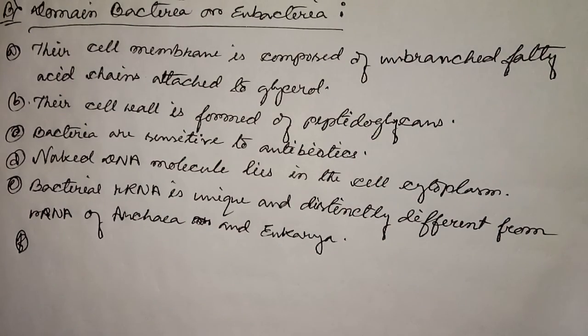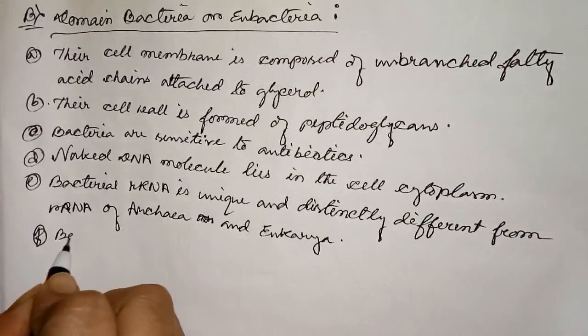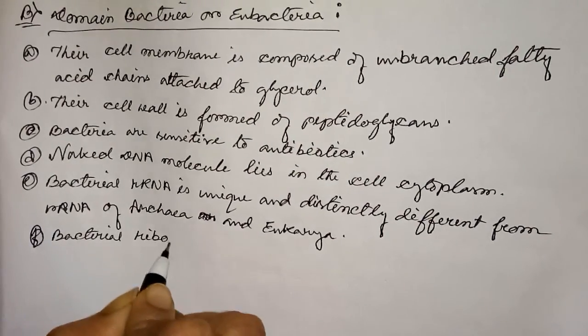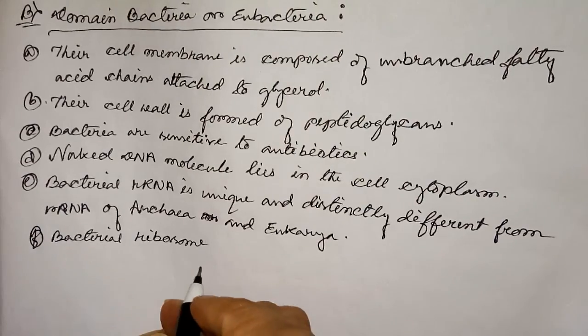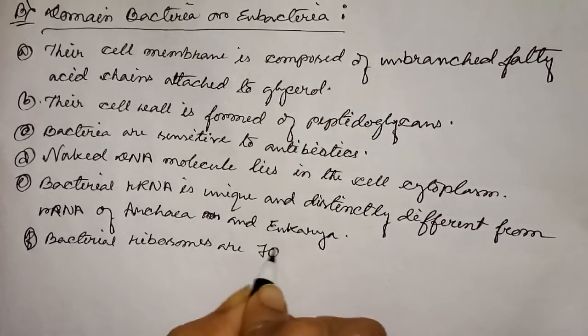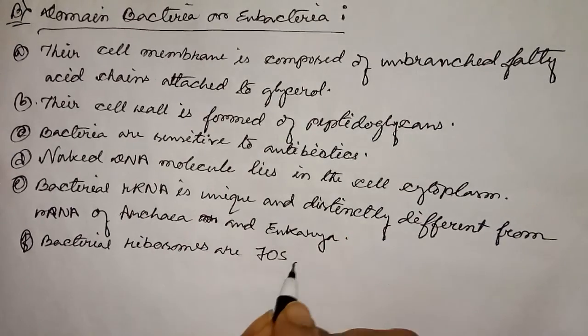Next feature is bacterial ribosomes are 70S type.